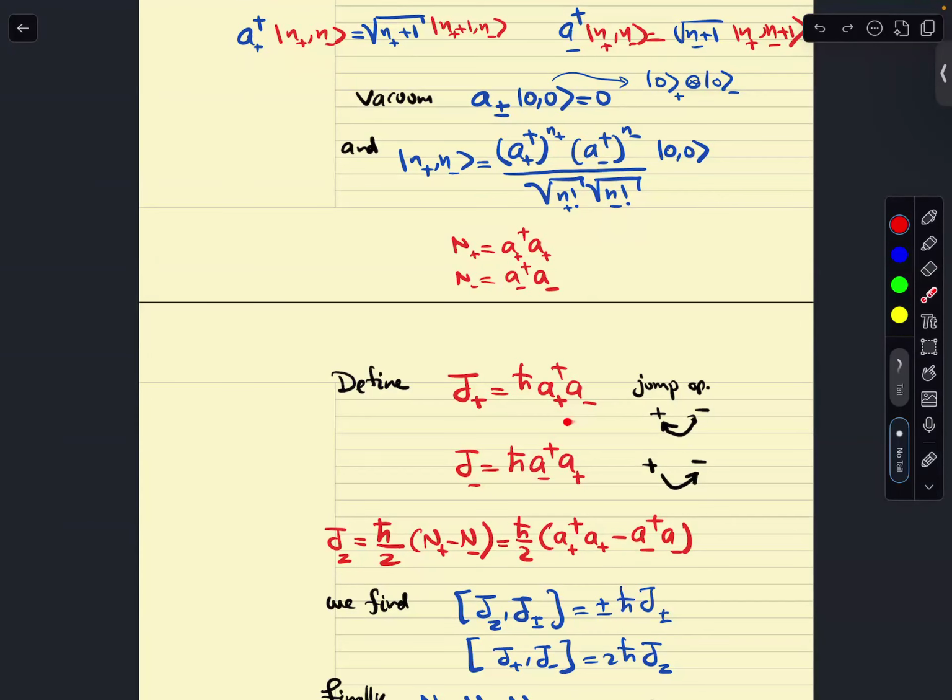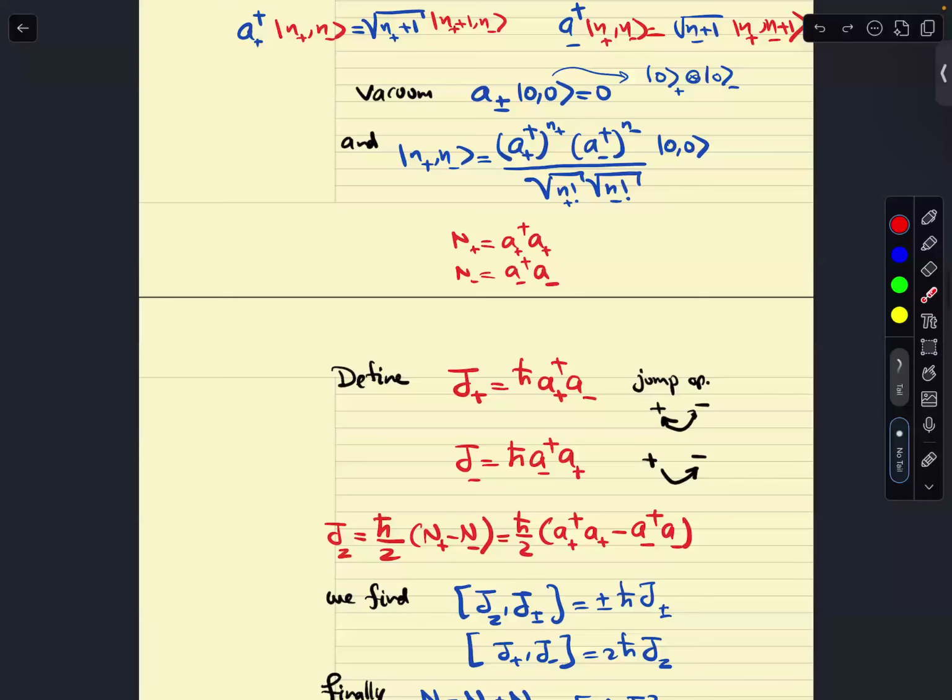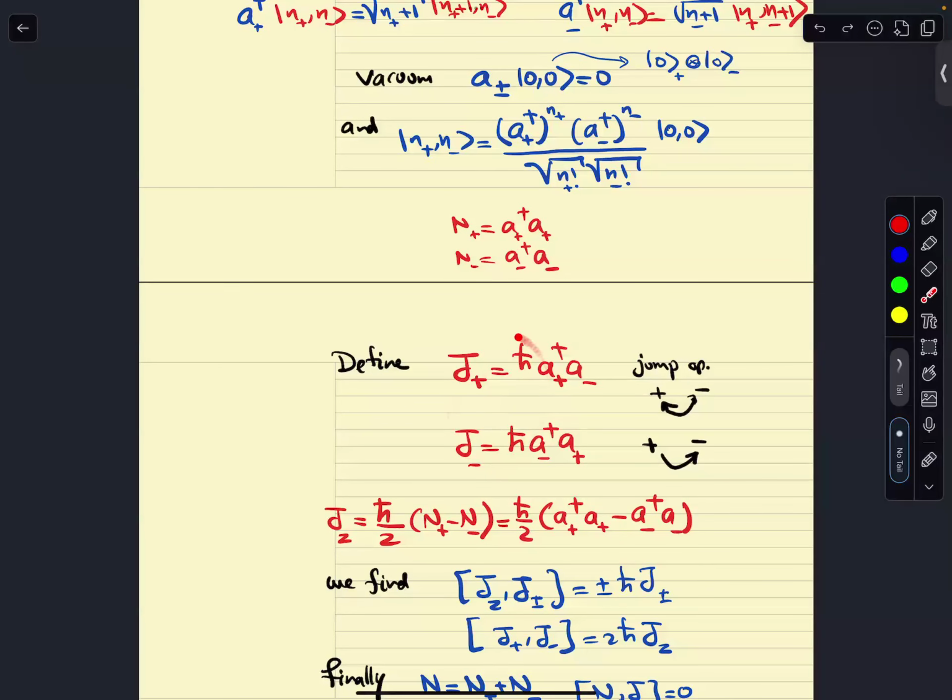So these operators, hopefully it's clear that this operator preserves the total number of excitations, which is n plus plus n minus. Because what it does is that it removes a unit of energy from the minus oscillator and puts it in the plus oscillator, or vice versa. Now that we have defined these jump operators, we have a pair of other operators.